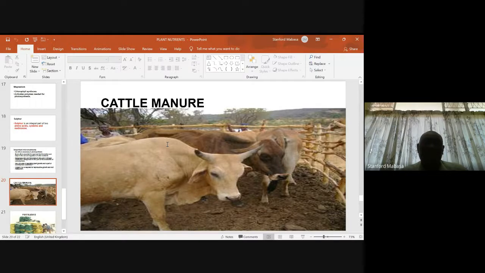Now we can supply these nutrients in the form of cattle manure, but sometimes we need to analyze this cattle manure so that we know specifically what sort of nutrients we are supplying to the crops.